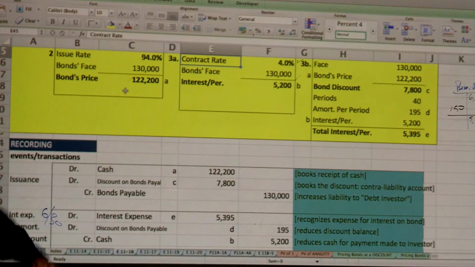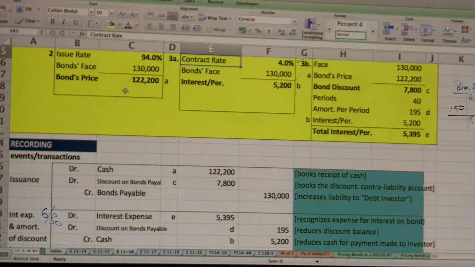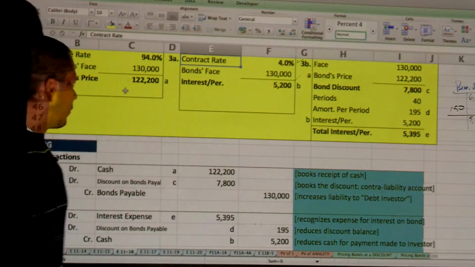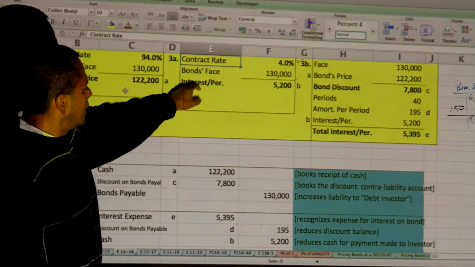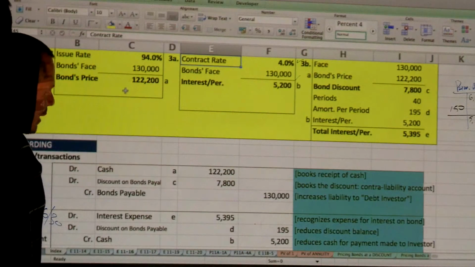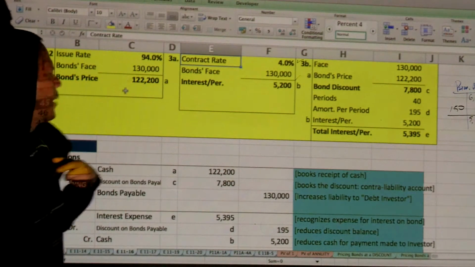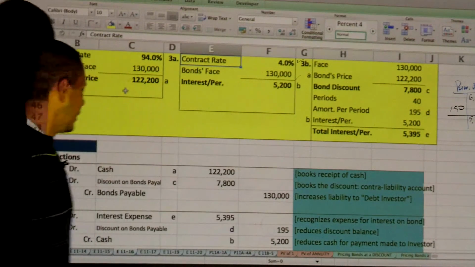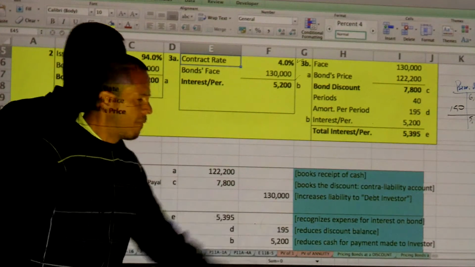The contract rate initially for the full year was 8%, so the 6-month periodic interest rate would be 4%, half of that. We multiply that times the bond's face of $130,000. That tells us that the interest payment to the investor from us, the issuer, each 6-month period would be $5,002. And that's the reason you see this credit to cash of $5,002.